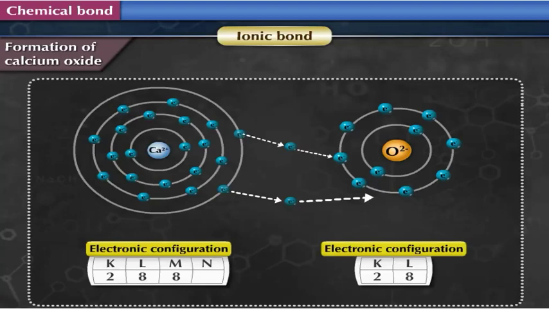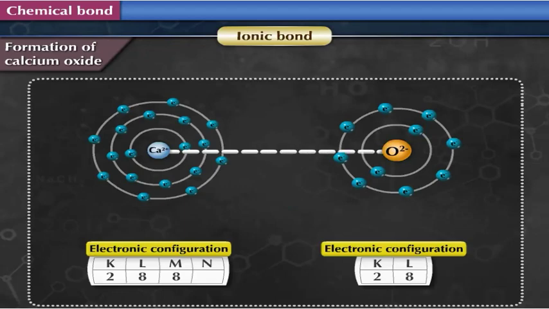The electronic configuration of calcium ion is 2, 8, 8 and that of oxide ion is 2, 8. These form an ionic bond and thus the ionic compound calcium oxide is formed.